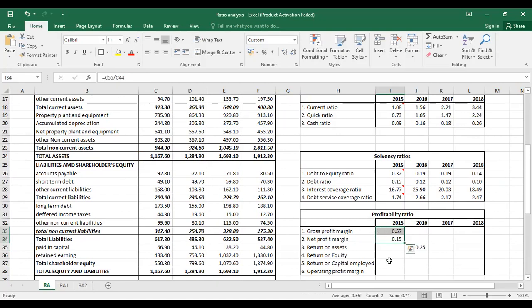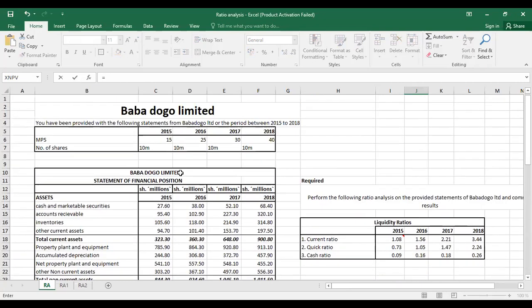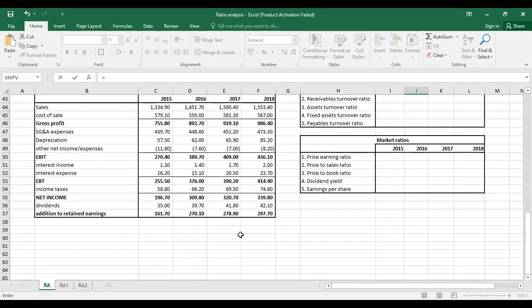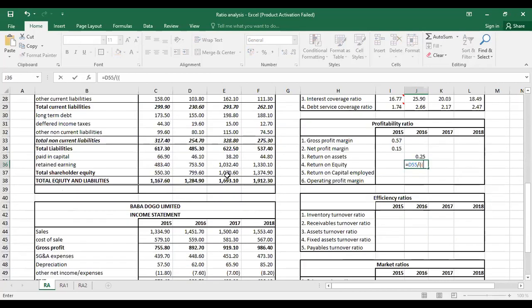And then return on equity, it's over average equity. The same thing here, it will start in 2016 because of the average. So the income statement was down, so the net income divided by average. You open your two brackets there.